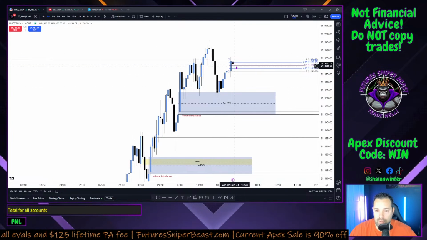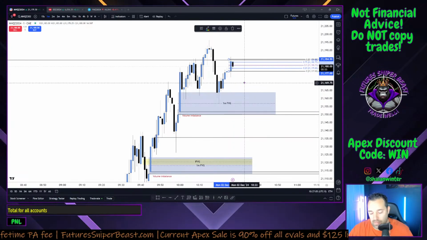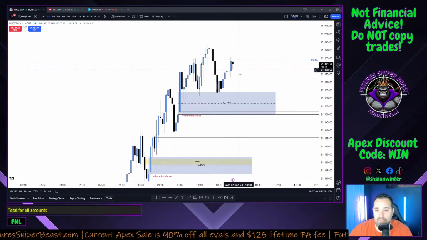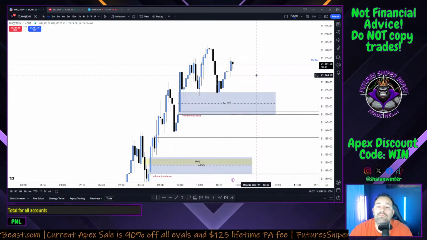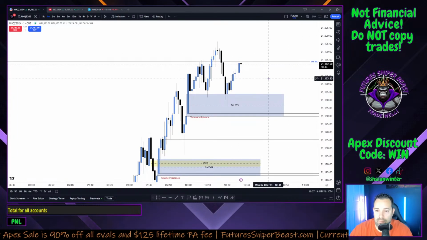There we go. Closed above it. Oh, barely. Look at that. It closed and immediately shot back down. But we'll see what happens here. Still hasn't closed up above this buy side liquidity again.